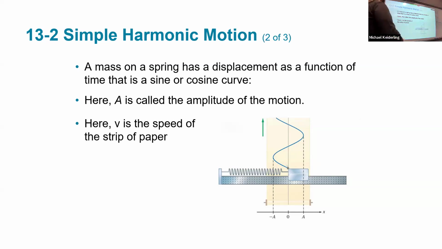So for a harmonic oscillator, position as a function of time is some amplitude times the cosine of omega t plus some phase phi.